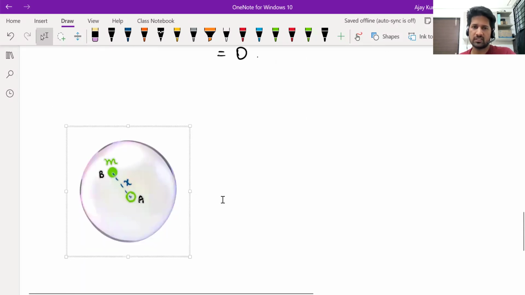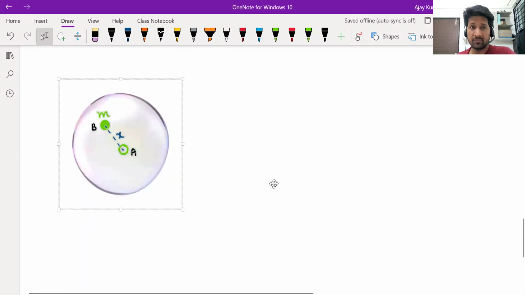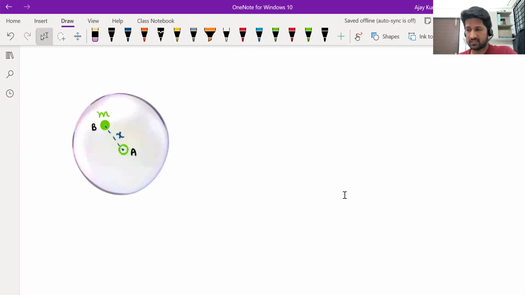Okay, very useful result. And these same results we'll be using in the first chapter of 12th class, electrostatics, or electric charges and fields. First, second chapter, very important ideas these are.